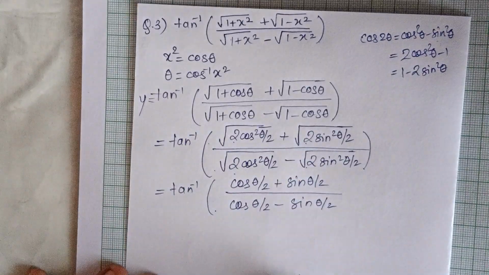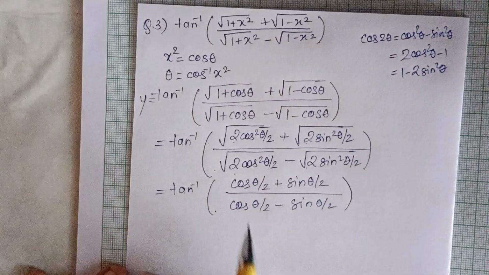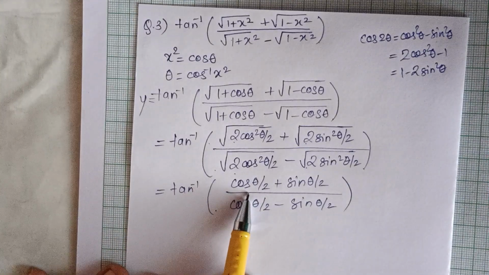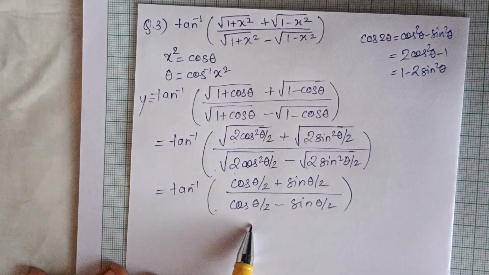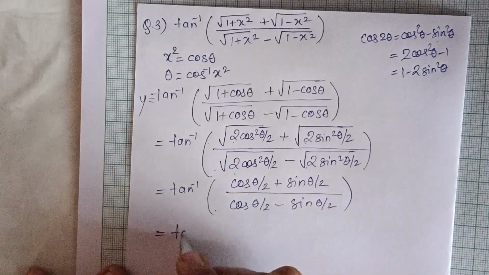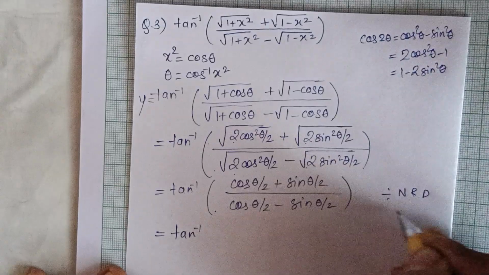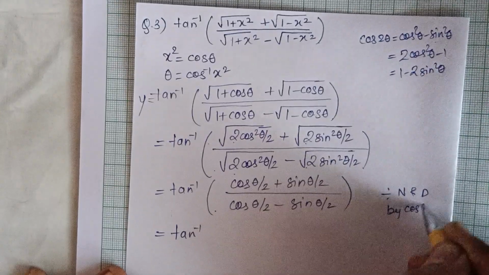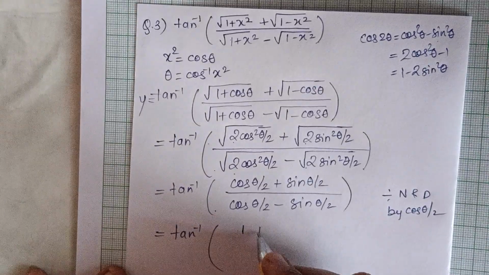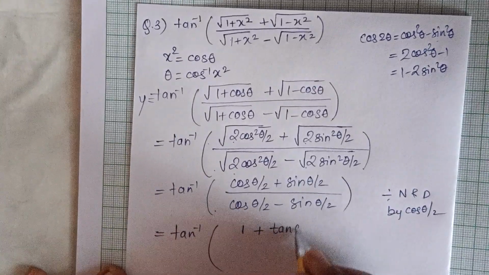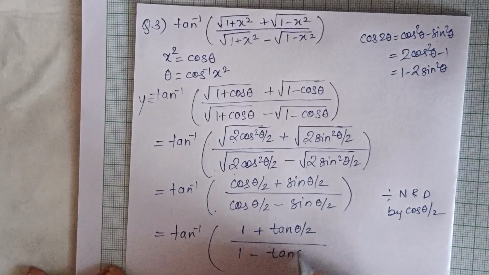Okay, now we have to make it tan. So if you want to make it tan, then divide by cos theta by 2 for the numerator and the denominator. Okay, dividing numerator and denominator by cos theta by 2. So this will become 1 plus tan theta by 2 upon 1 minus tan theta by 2. Okay.